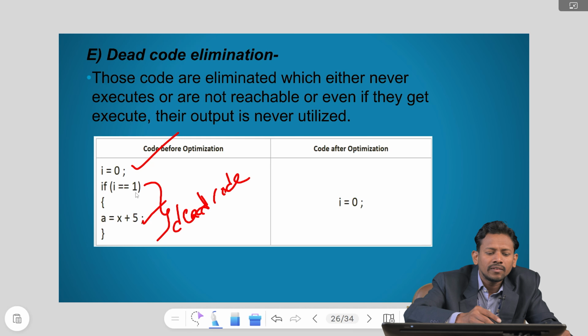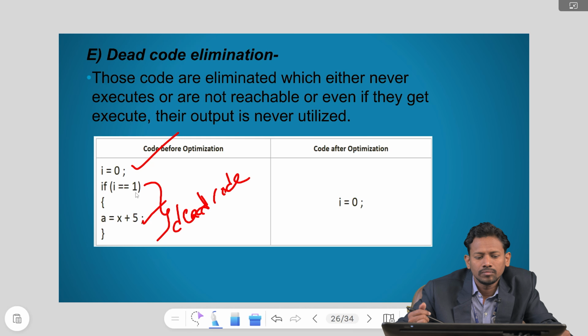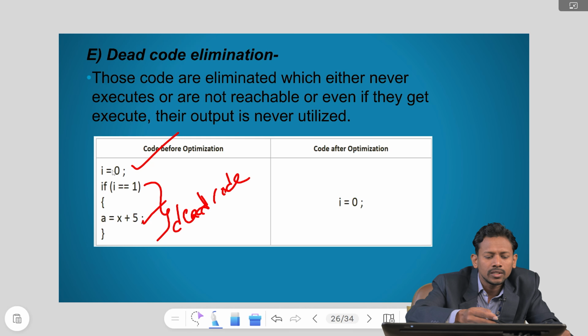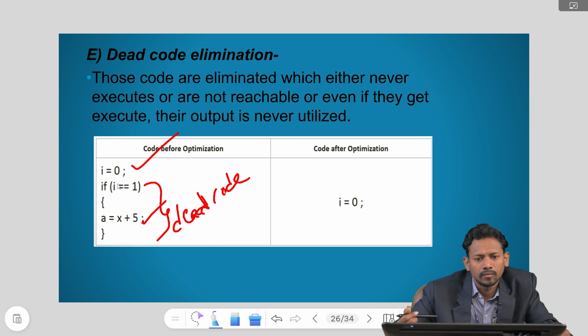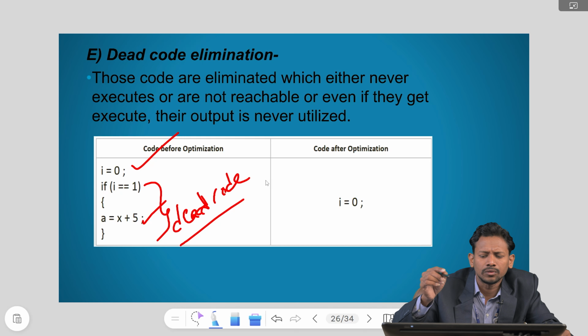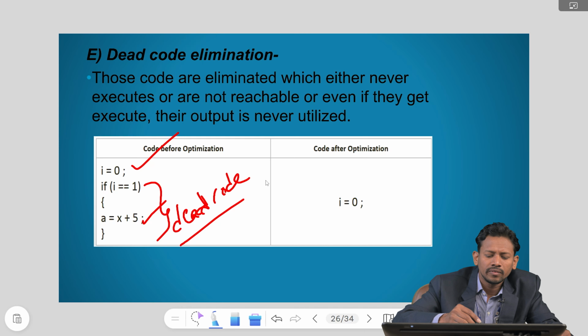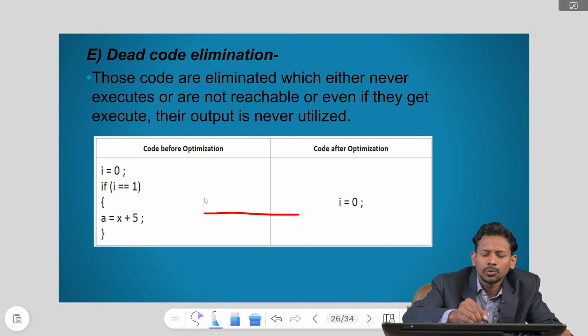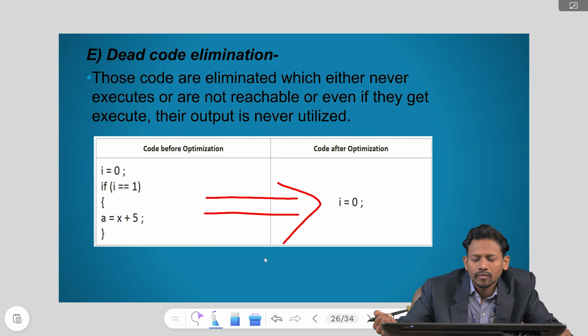The if condition will never be executed because the next statement after I equals 0 is if I equals 1. So this can be considered as not reachable code. It is never executed. It can be considered dead code, and it can be substituted with simply I equals 0. This technique is known as dead code elimination.